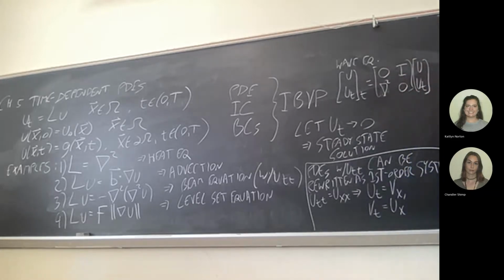If you were to write this out, I'd have ut equals ut, where I is the identity operator, and then utt equals the Laplacian of u. So here I have vt, which is a vector, equal to this operator times a vector v. Again, you can always write it as a first order system. As far as numerical treatment, I'm going to stick with the first order in time case.